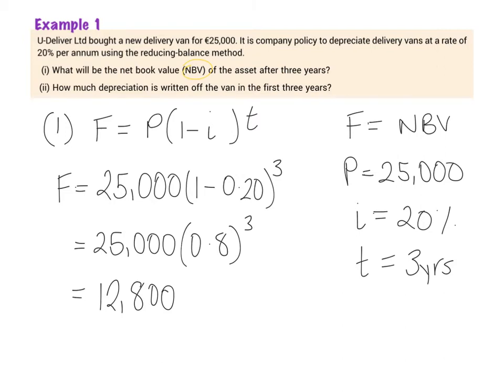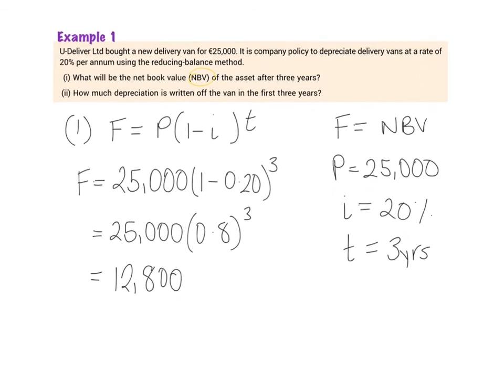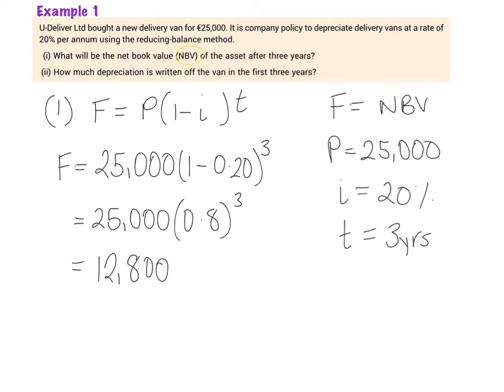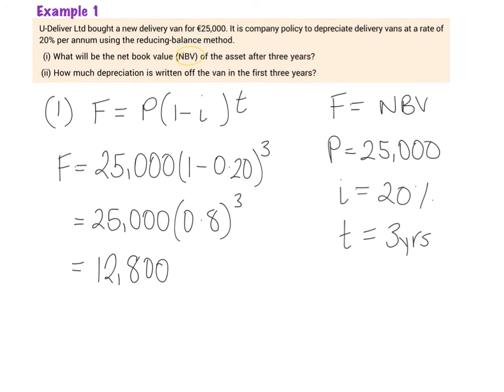Now, if we want to find out in part 2 how much depreciation is written off of the van, it's the cost minus the net book value that is the depreciation written off. So for part 2, we're going to be looking at the cost of the van minus the net book value, so what it's worth at the end of the 3 years.